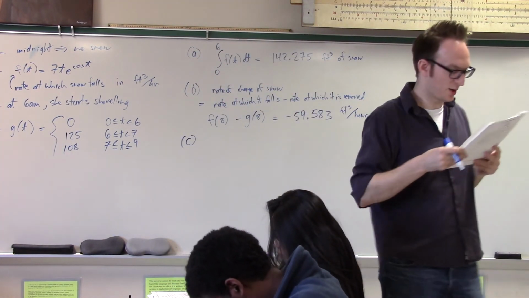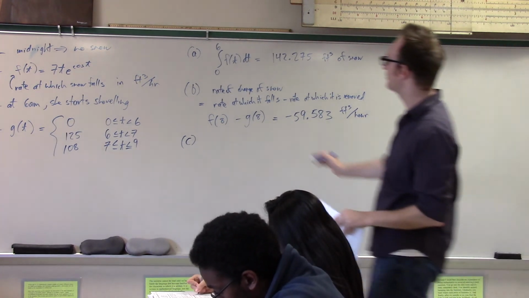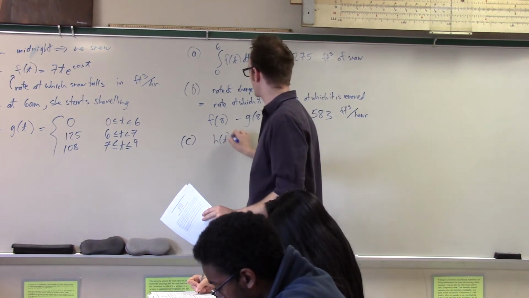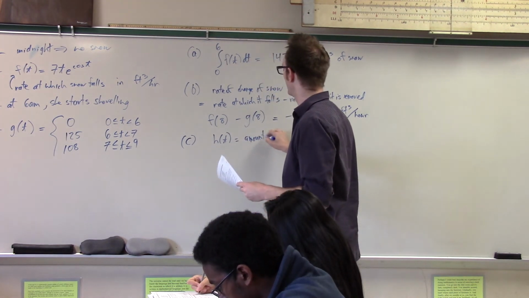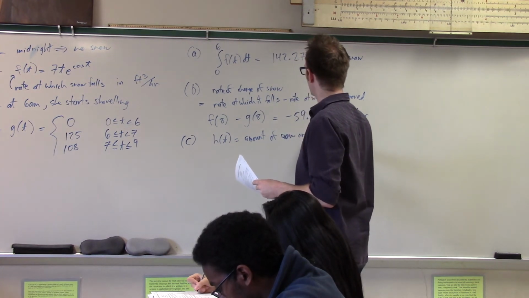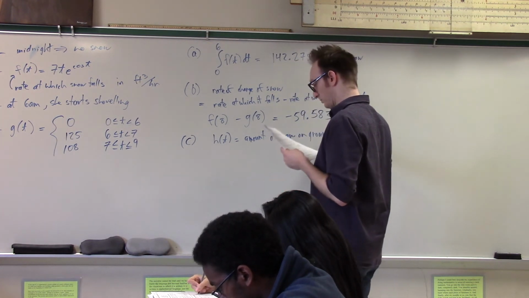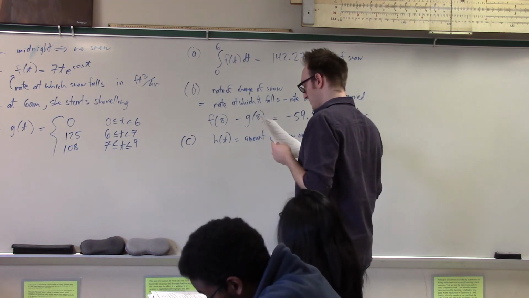This part's a little bit more annoying. Let h of t represent the total amount of snow. Okay, so now they define a new function. They expect you to keep this all straight. What is h of t? It represents the total amount of snow that she has removed.